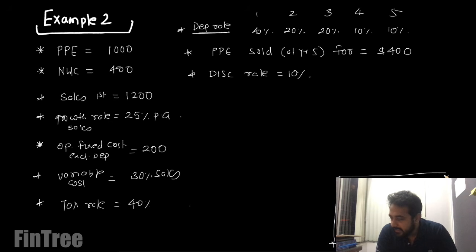Maikun is asking, PPE sold cannot read 400. Yes, it's $400. My apologies if I'm not able to pronounce your name properly. Jigger did this on Excel, yeah.